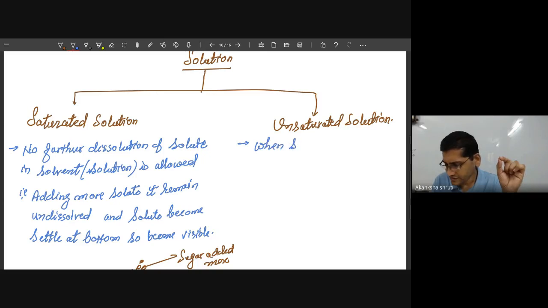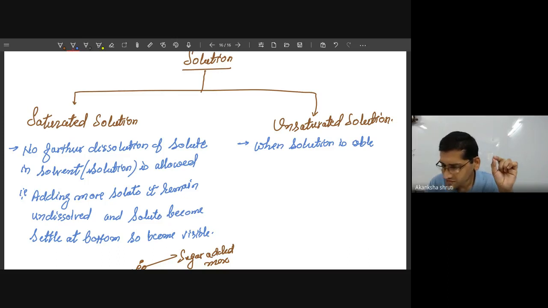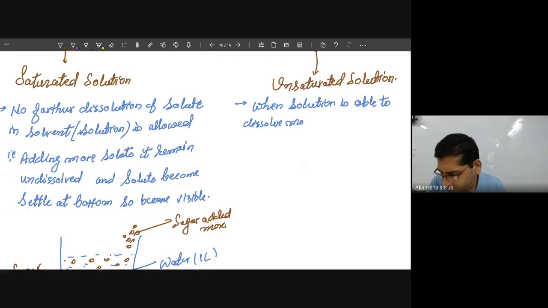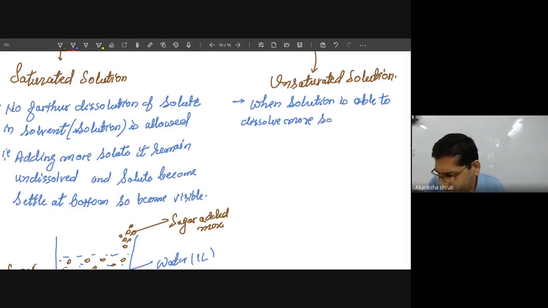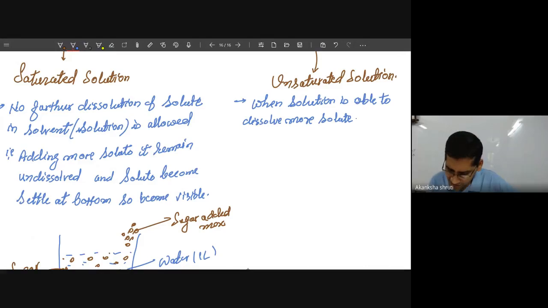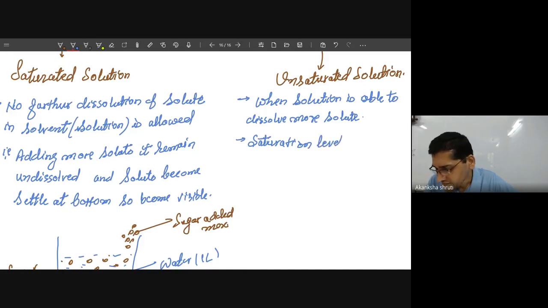So when a solution is able to dissolve more solute, that is, the saturation level has not been reached, the saturation level is not reached.